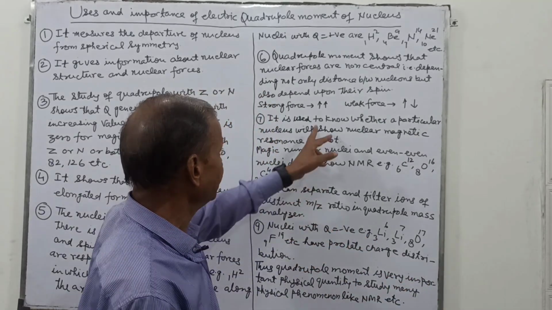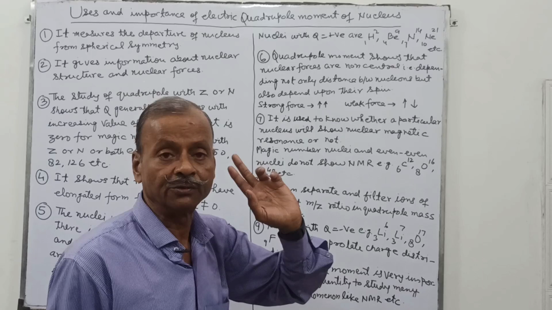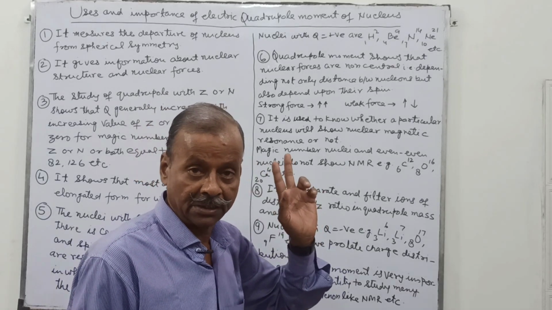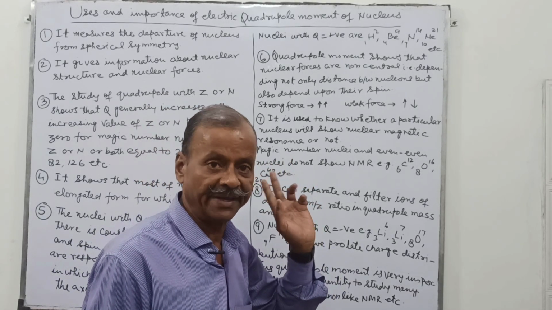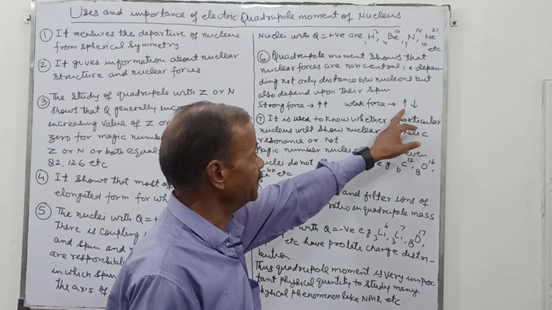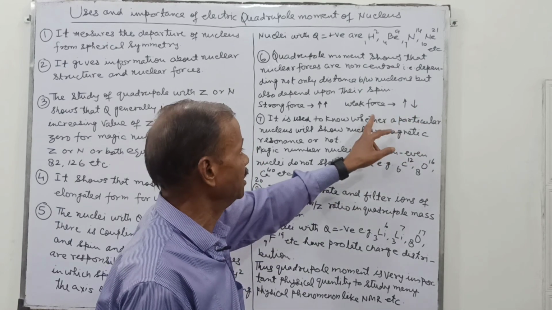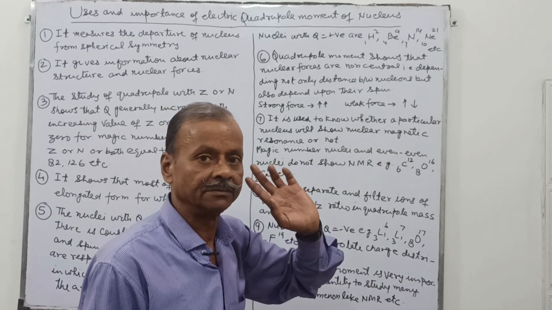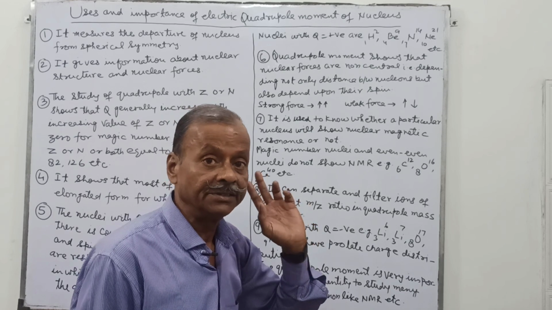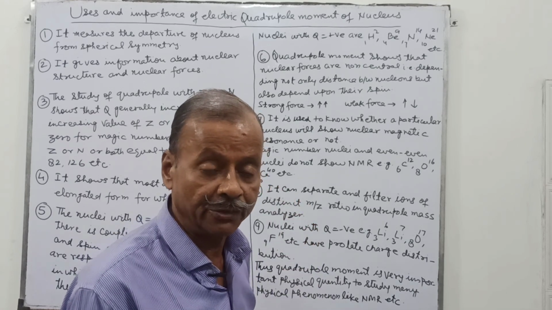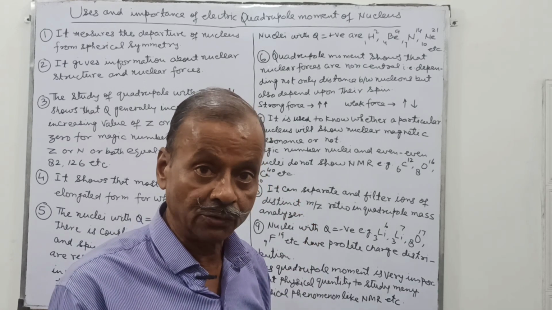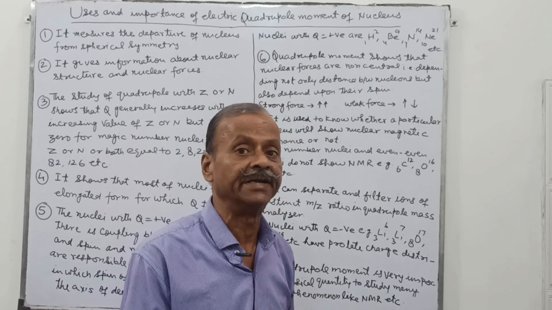As I have shown here, when the spins of two nucleons are parallel, the nuclear force is maximum. When the spin is anti-parallel, the nuclear force is weak. So this gives very good information that nuclear forces are spin dependent also.